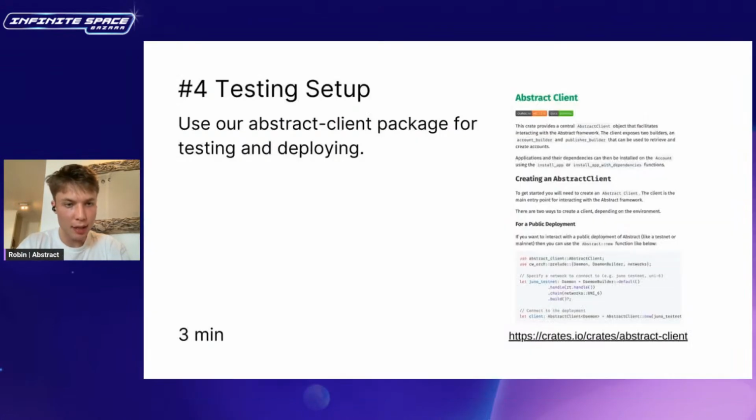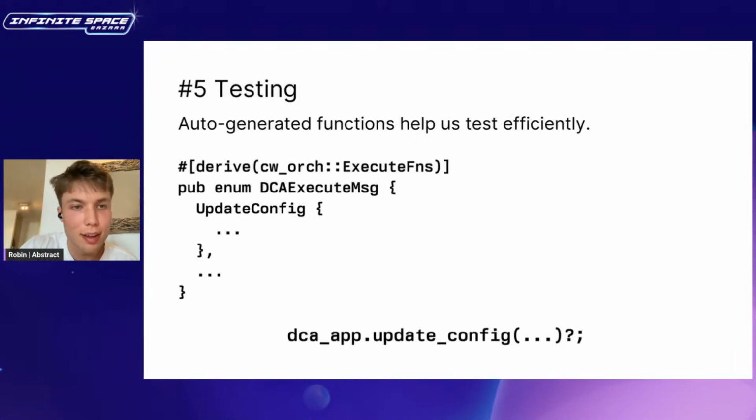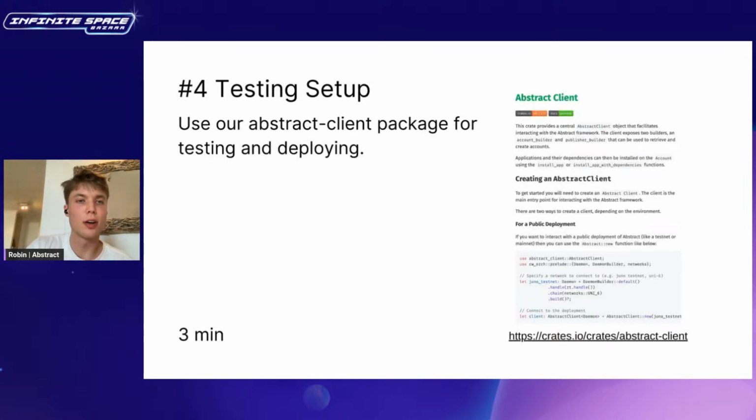Maybe the slides again for this one. Cool. So now that you kind of have your application figured out and you've been working with the APIs to make your life easier, you got your instantiations going, etc. But you want to test this. Now, how do you test it? That's what used to be pretty hard, but with this abstract client crate that we've developed, it's actually very easy.